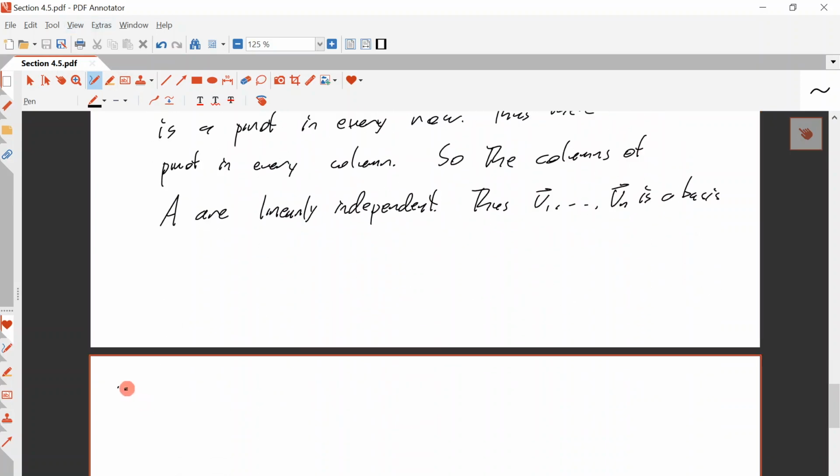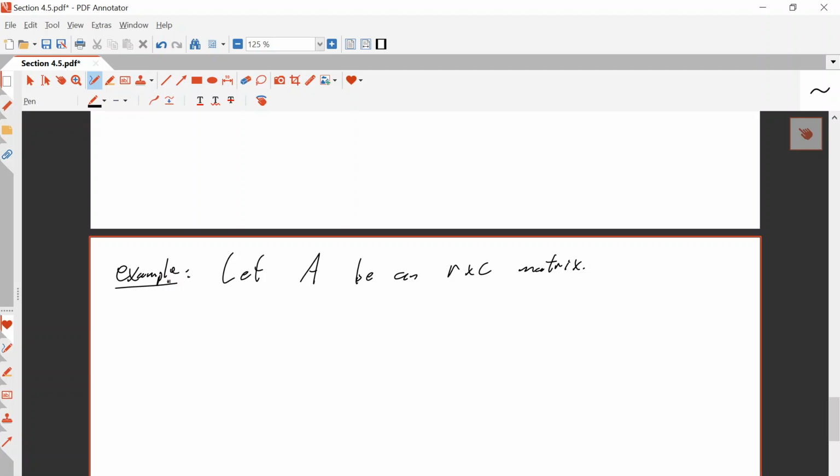Example. Let A be an R by C matrix, and suppose that A has P pivot columns.